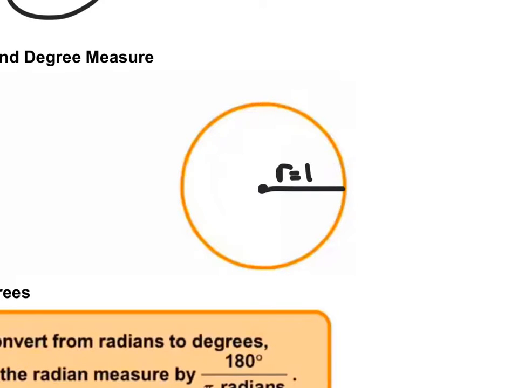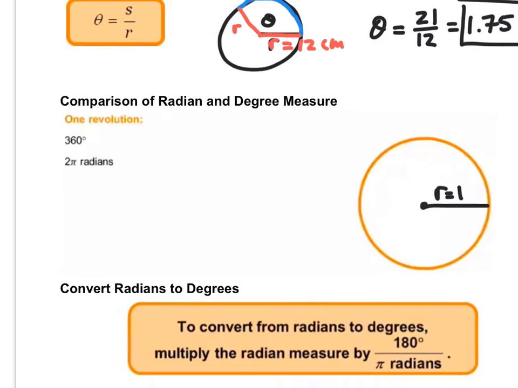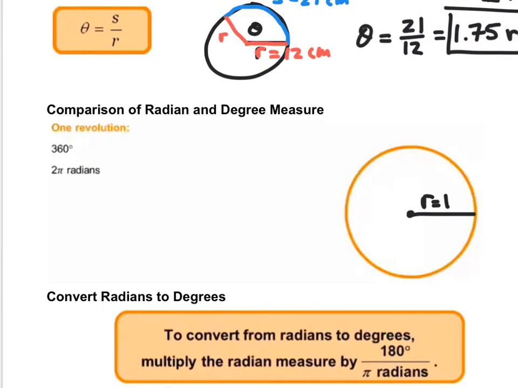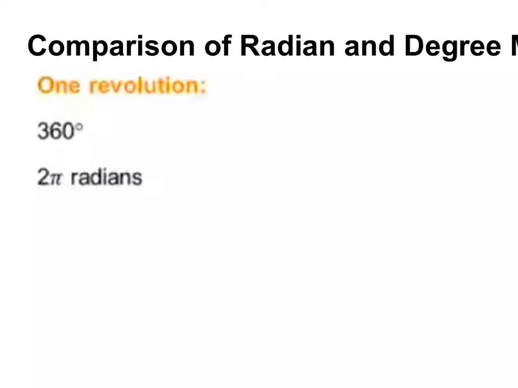If I wanted to do a full revolution, I know 1 revolution is 360 degrees. 360 degrees is equal to 2 pi radians. We're going to go back and forth between 360 degrees and 2 pi radians.